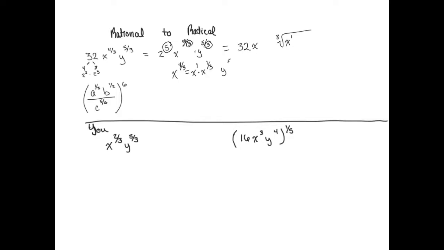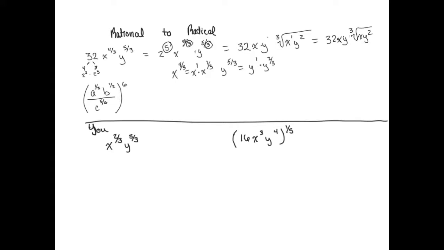Y to the 5 thirds is equal to y to the first times y to the 2 thirds. That 2 is my remainder. So this means that we're going to have y to the first on the outside and then y squared on the inside. So this is 32 xy cube root of xy squared.